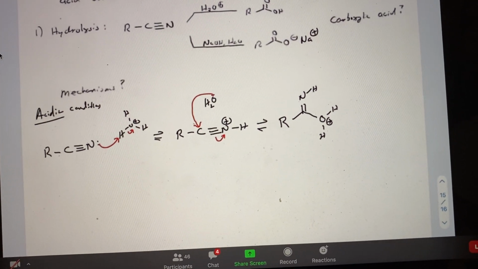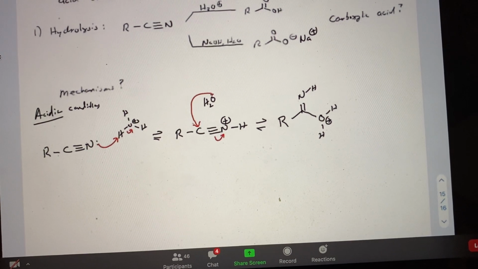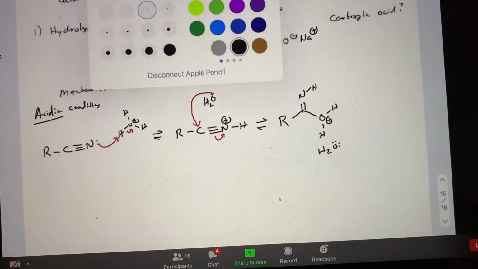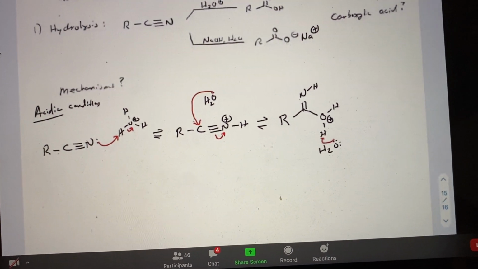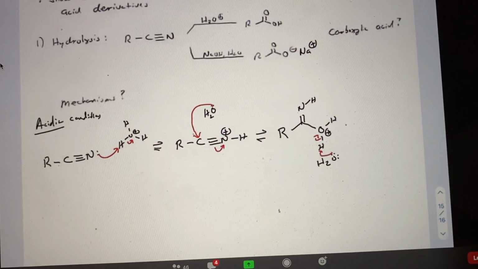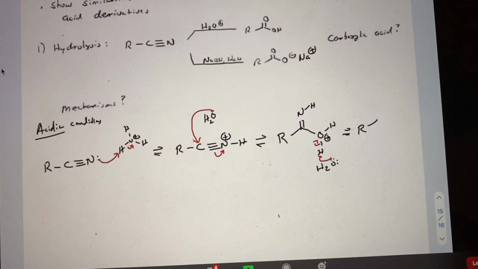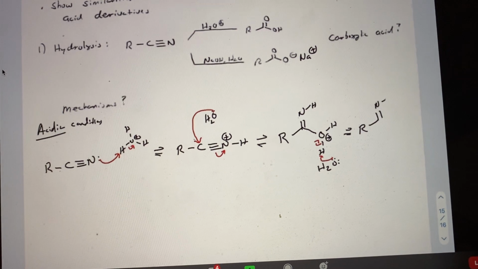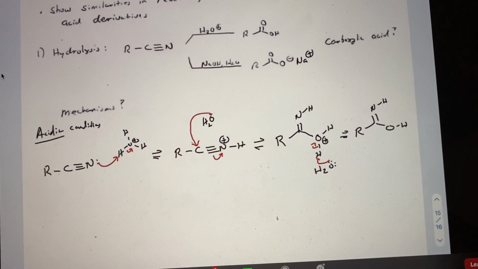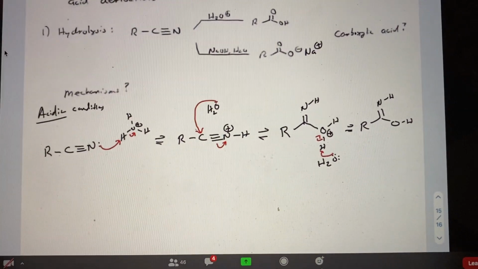Now we need to get to the carboxylic acid. So let's have a couple of proton transfer steps. We have water around, it's going to take a proton off. So everything is the same except I took a proton off. And now we've generated hydronium.